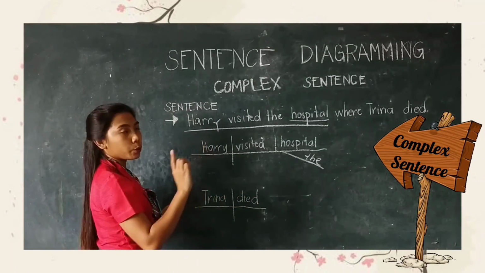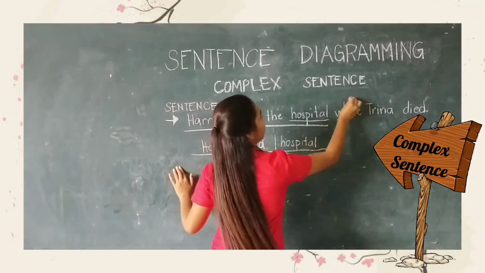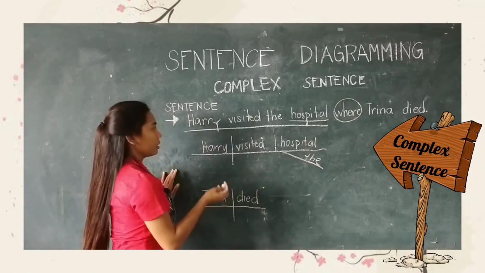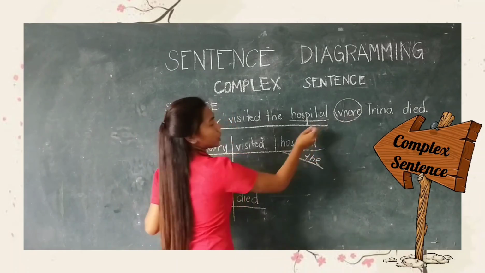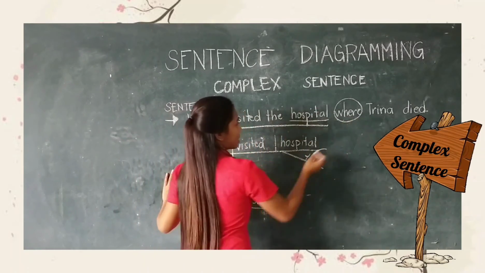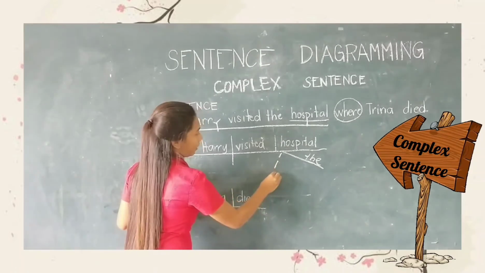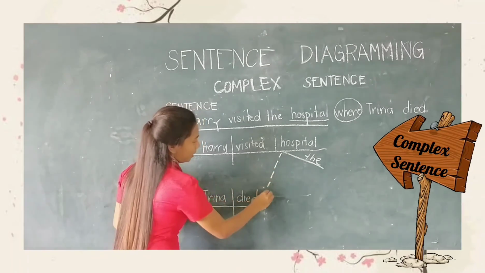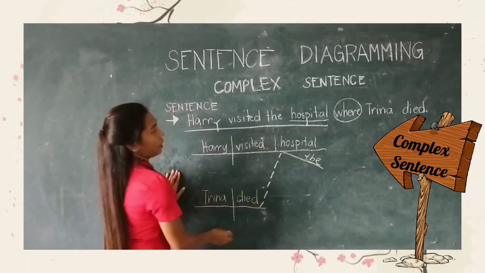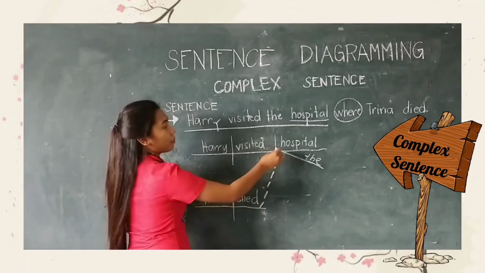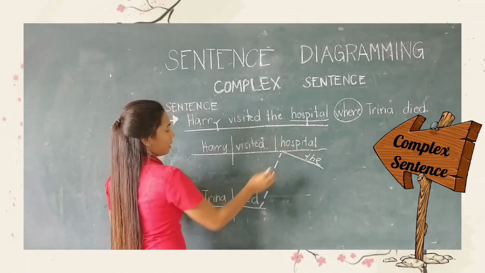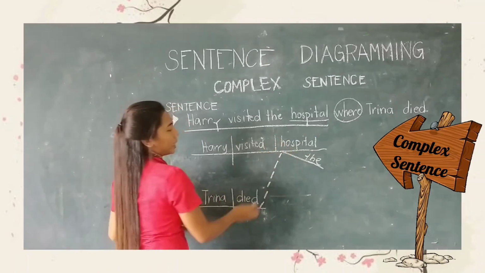We still have one word to diagram, which is the word where. So to diagram this word which connects the two clauses, we have to make a dashed line from the object to the clause that modifies the object.